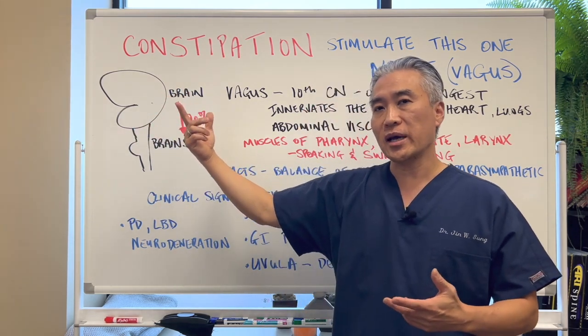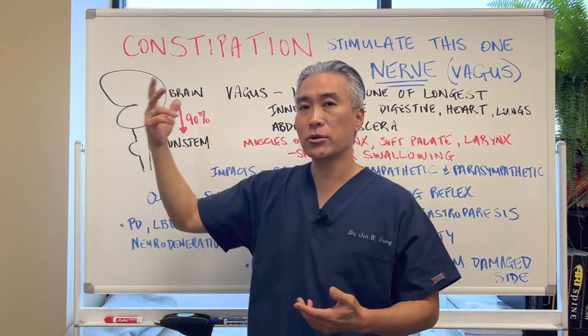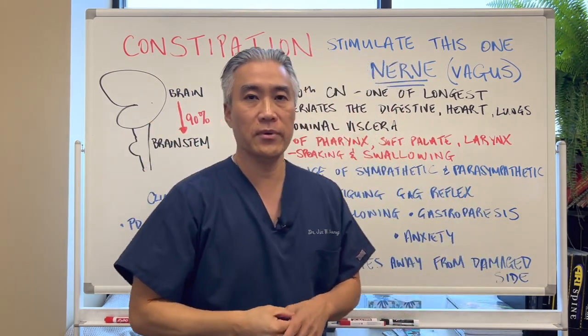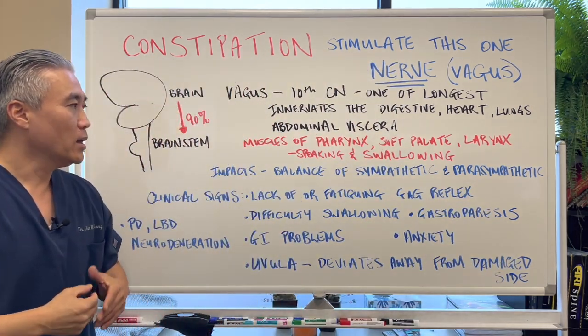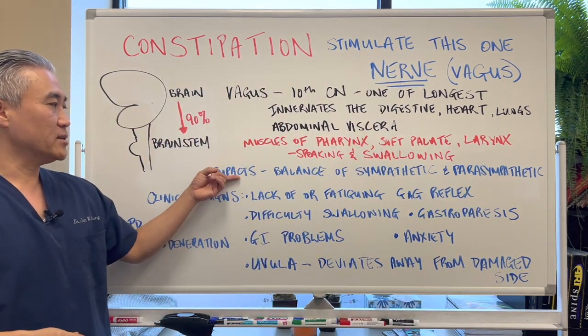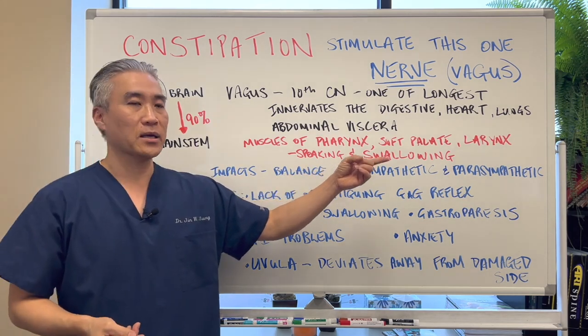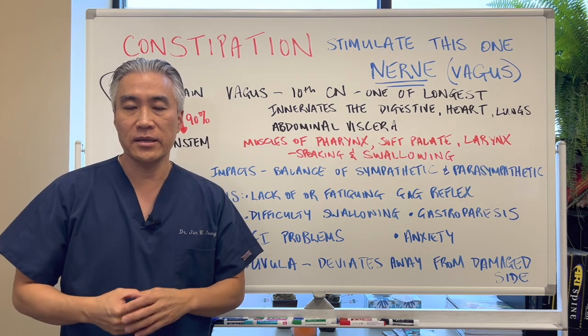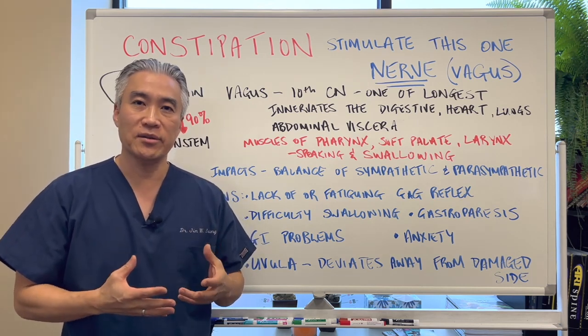One of the clinical signs is if you have a bad brain or neurodegeneration, it could impact the vagus nerve, okay? Now, what does it do? The vagus impacts balance of the sympathetic and parasympathetic. The vagus is parasympathetic. It's the rest and digestion nerve.